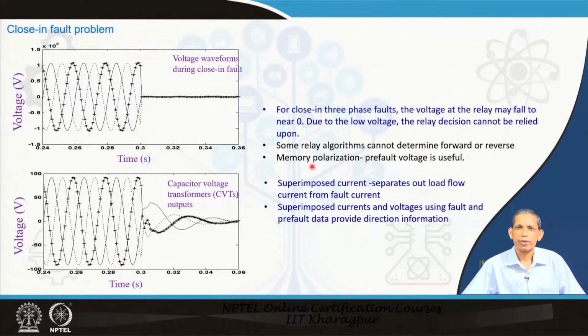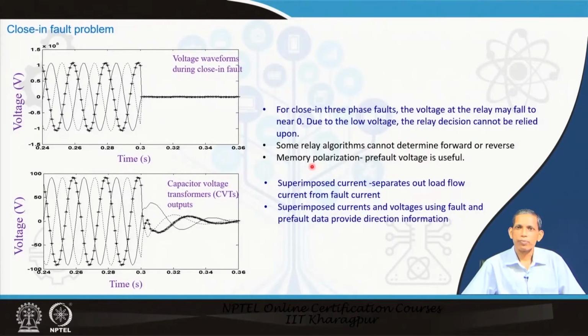We know that the fault voltage phasor does not deviate much in angular position with respect to the pre-fault voltage. Considering that assumption, if we use the pre-fault voltage instead of the fault voltage in such situations, then the relay can properly make the directional decision, because in directional relaying we saw that we have a very large angle margin.